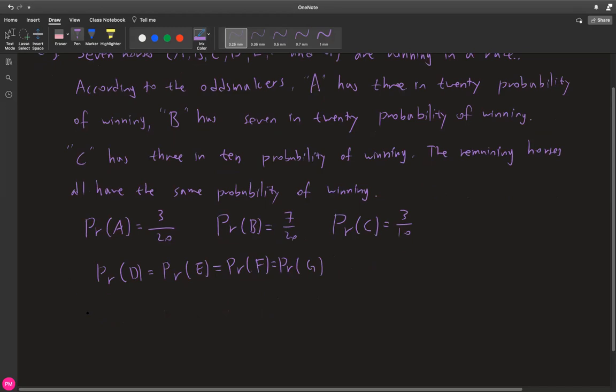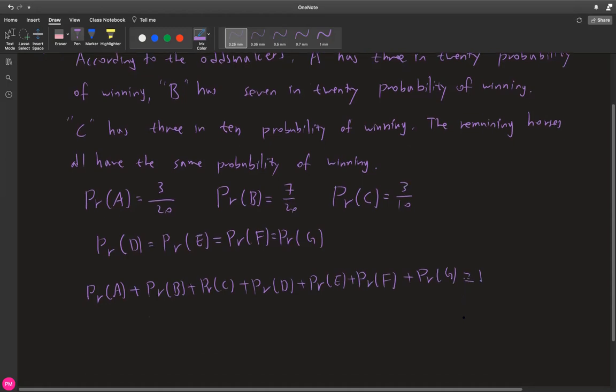So this implies that since the probability adds up to be 1, probability of A, probability of B, probability of C, probability of D, probability of E, F, and lastly G altogether has to equal 1, and that's one thing we know. And actually that's all we really need to know, because we can simply substitute all the numbers we know.